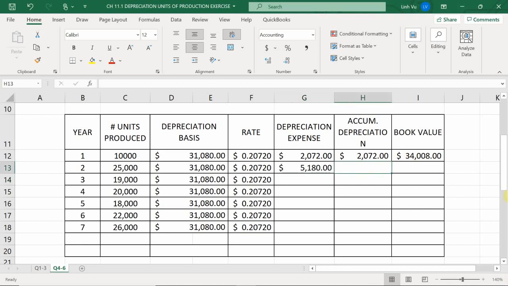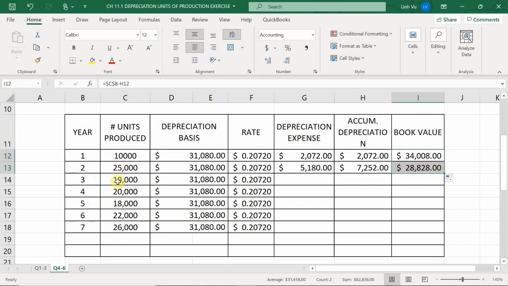Then what's my total accumulated depreciation? 7,252, which brings my book value to 28,828. Perfect.